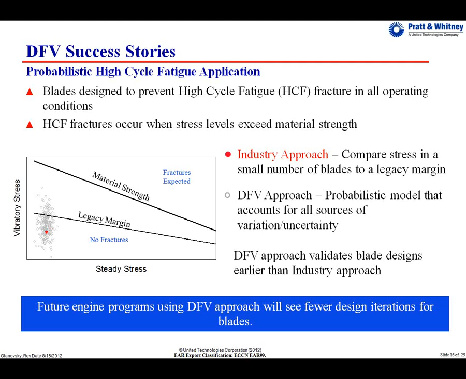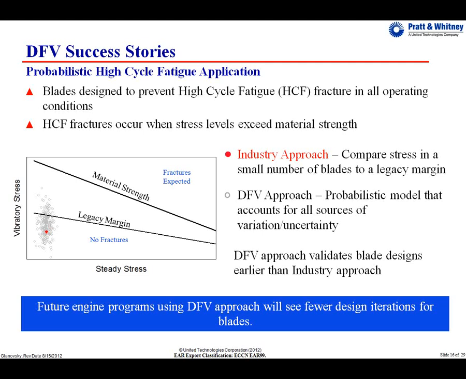Then they put a margin on the material strength line that they plotted, a legacy margin that was developed over time as, hey, this worked. And as long as that high stress that we observed didn't exceed that legacy margin, then we conclude that the design is good enough to proceed with the rest of design, testing, and pre-production.